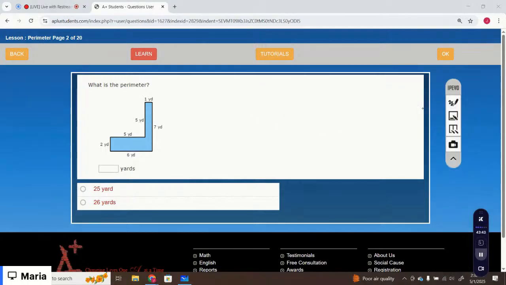Twenty-six yards. Option number 2 is the correct option. That is 26 yards. Very good.